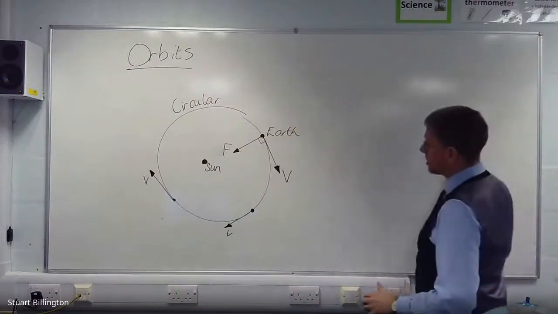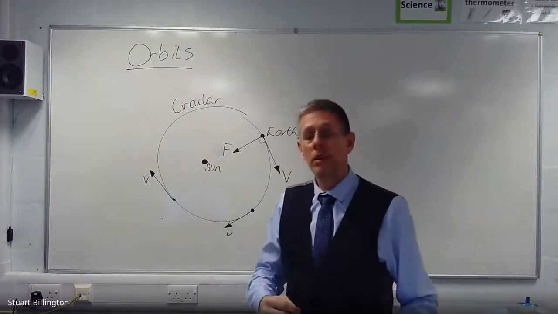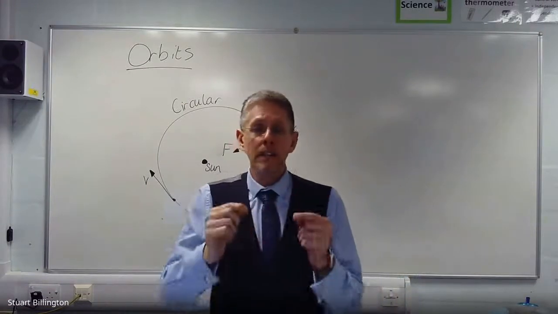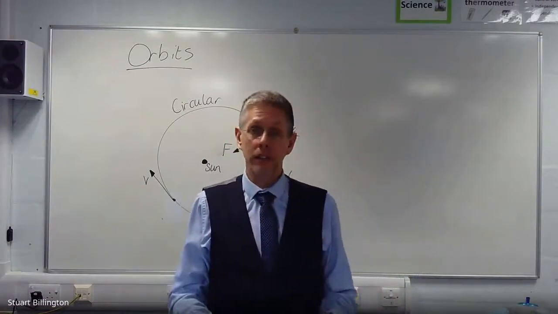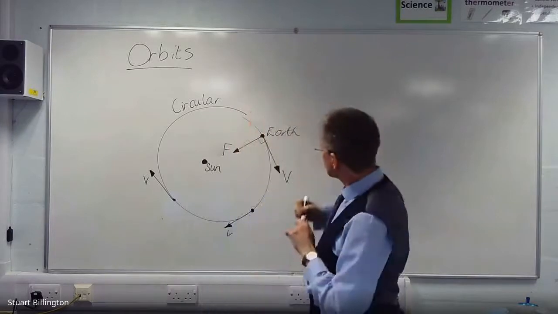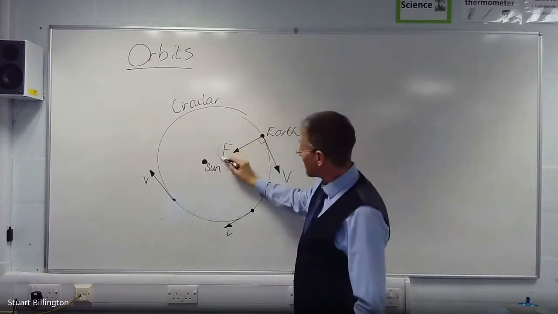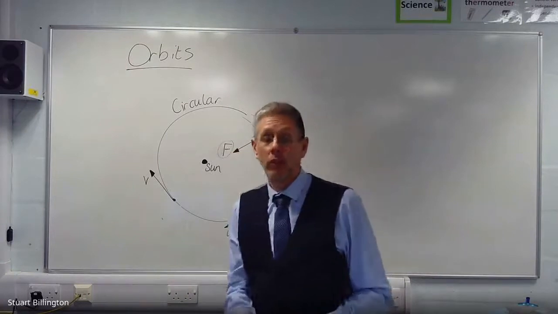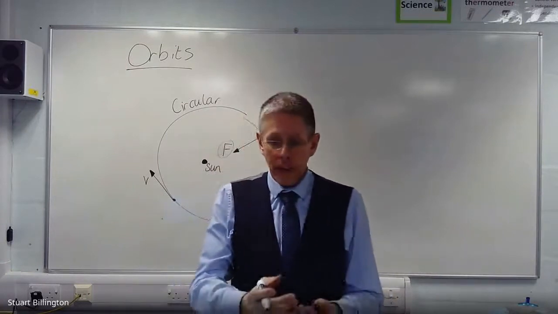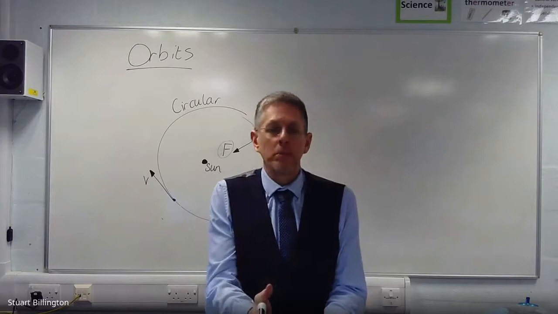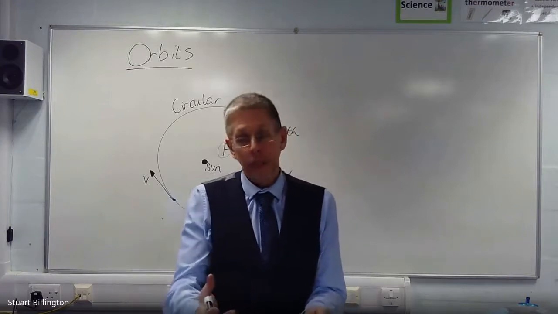Well, I just told you that gravity is a force that depends on distance. And so at this point in space, there is a certain force. It depends not on the object that's moving or how it's moving.